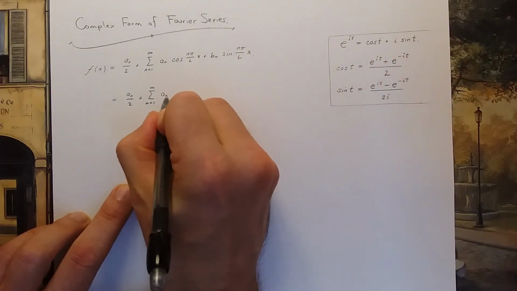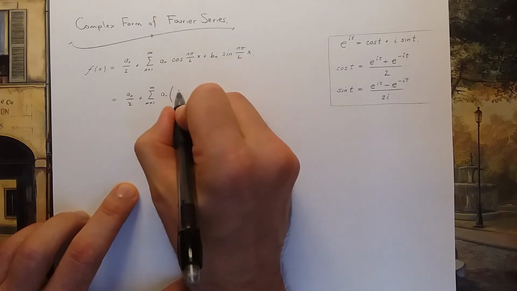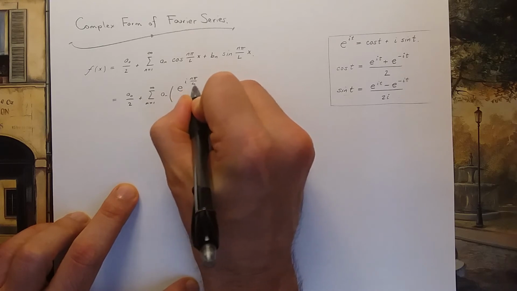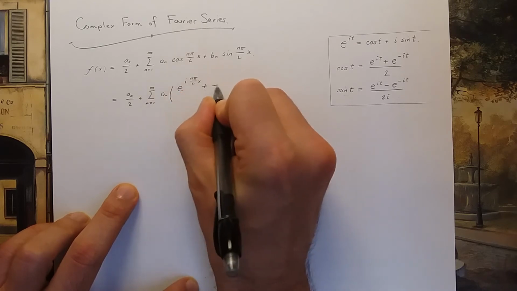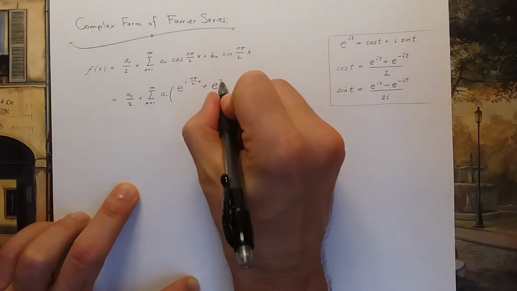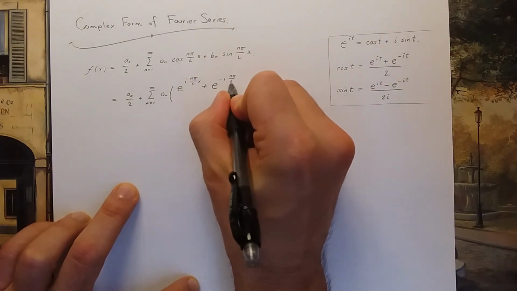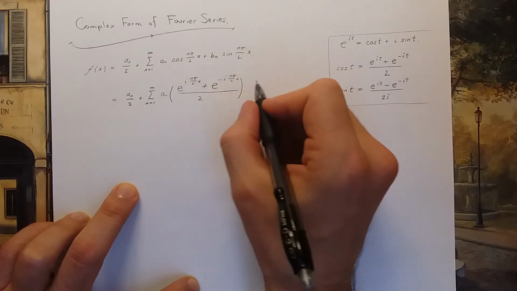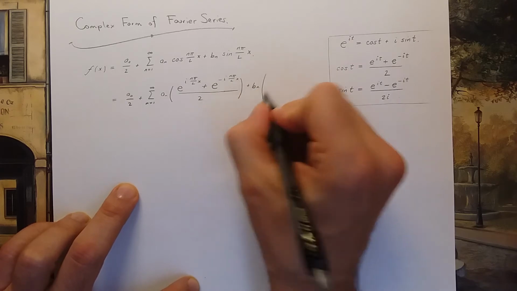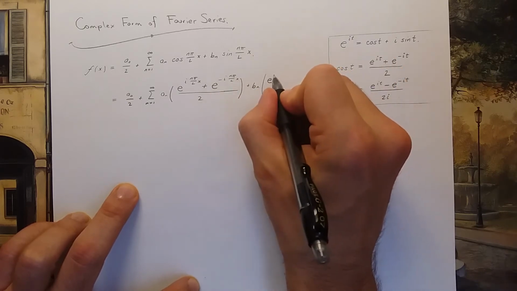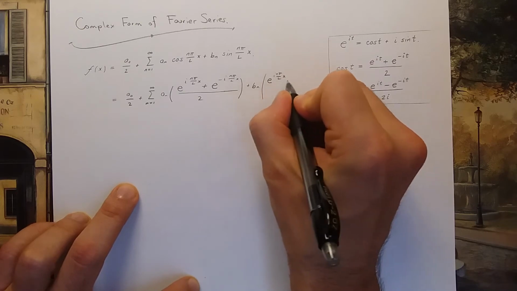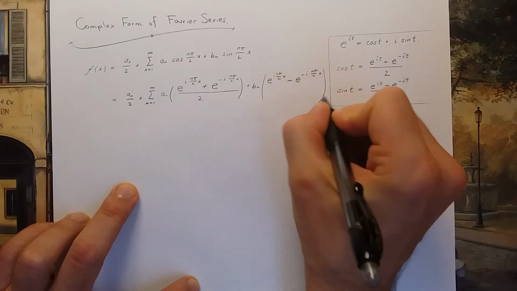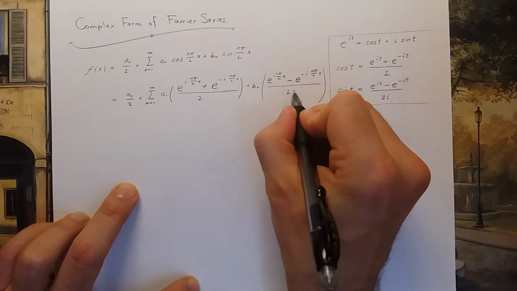So I have a constant, an, then I'm going to get e to the i n pi over L x plus e to the negative i n pi over L x, over 2, and a similar expression for sine, bn times e to the i n pi over L x minus e to the negative i n pi over L x, divided by 2i.